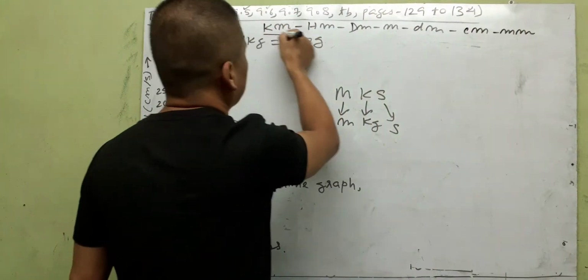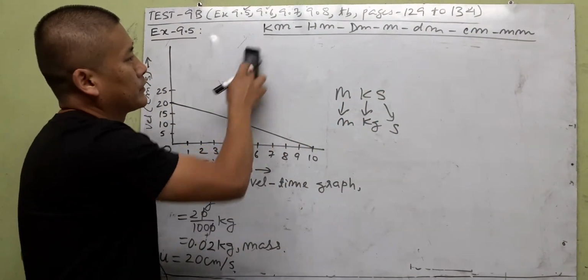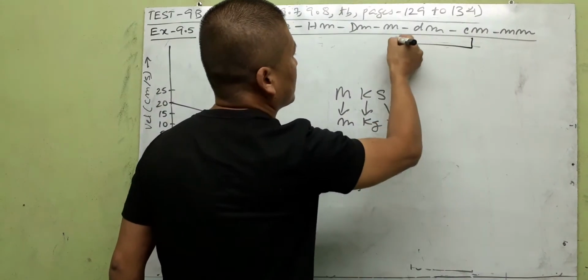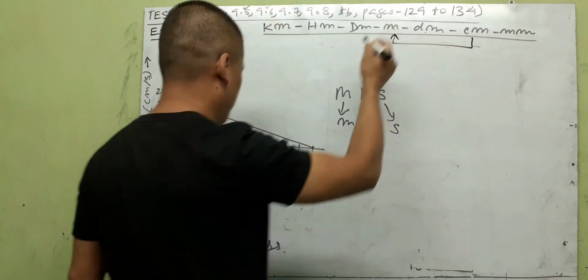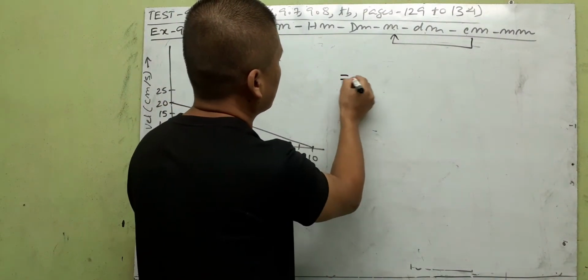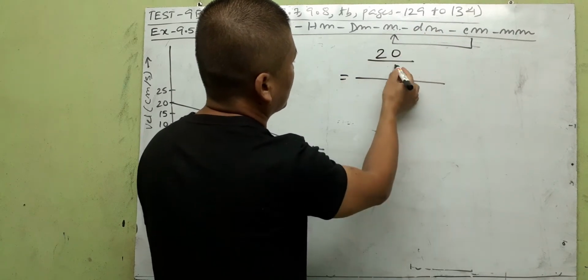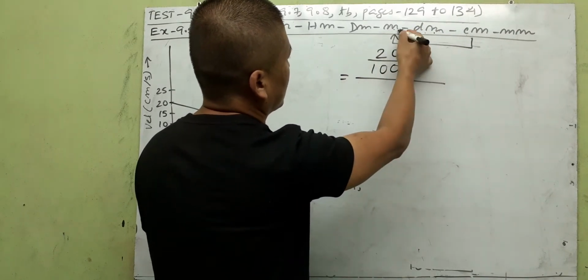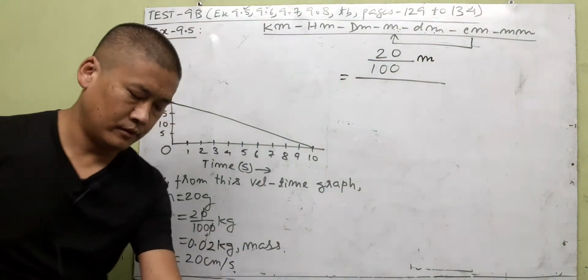We have to be very well versed with this by now, because we will need this frequently, right? So I want to change centimeter to meter, so changing small to big and 2 places, 1 and 2. So this 20 has to be divided by 100, and then centimeter will become meter.